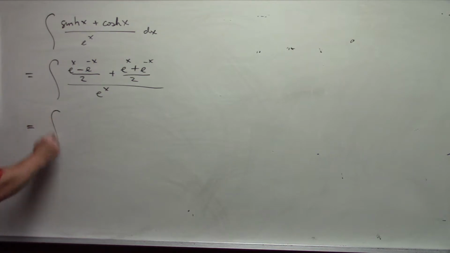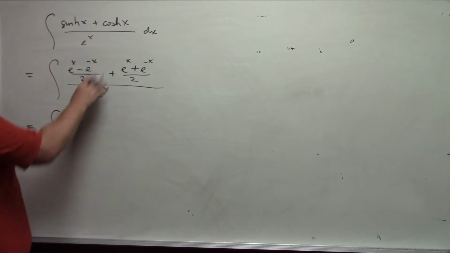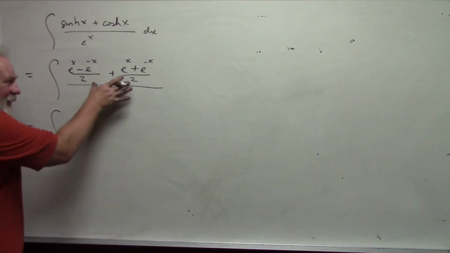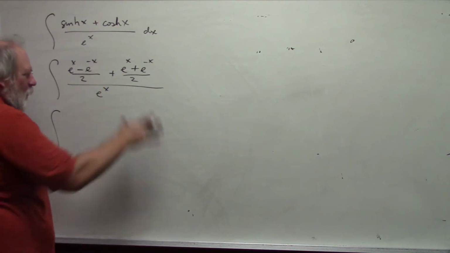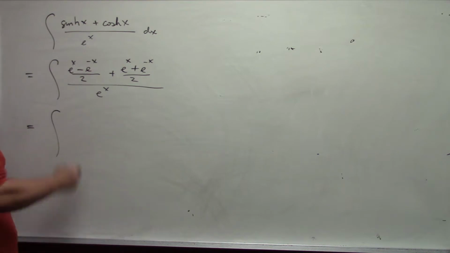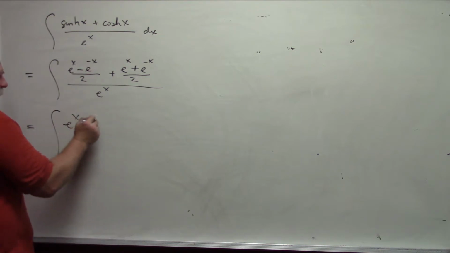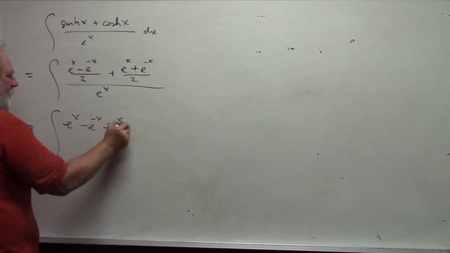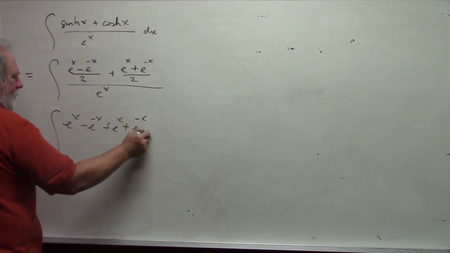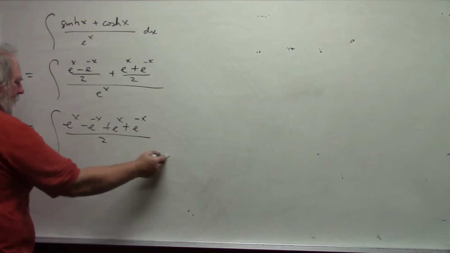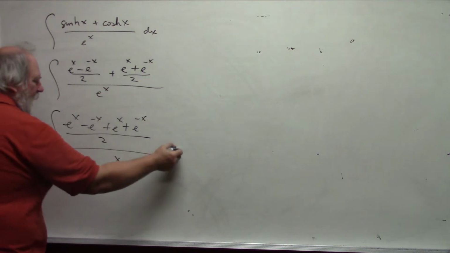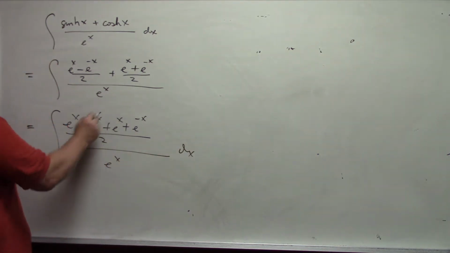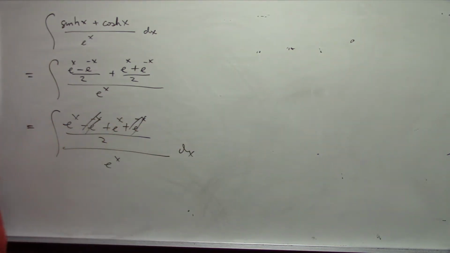And so, let's now simplify this algebraically. Notice, in the numerator, I already have a common denominator, so we could go ahead and combine these. And in this case, notice that the e to the negative x's cancel each other out.